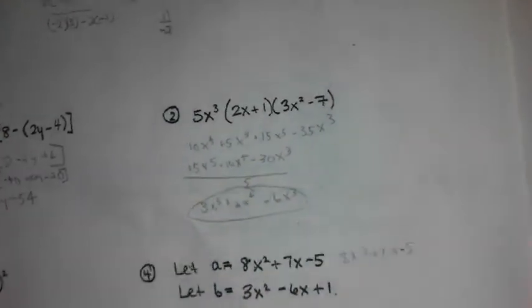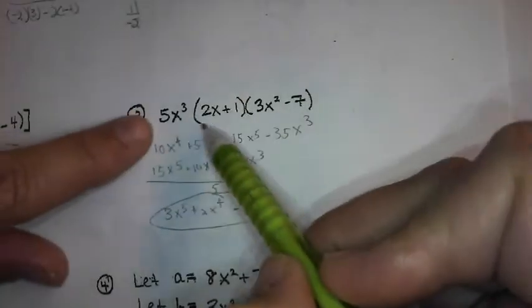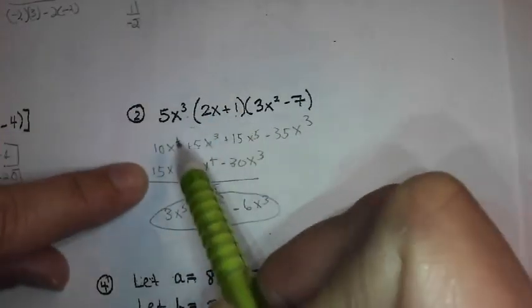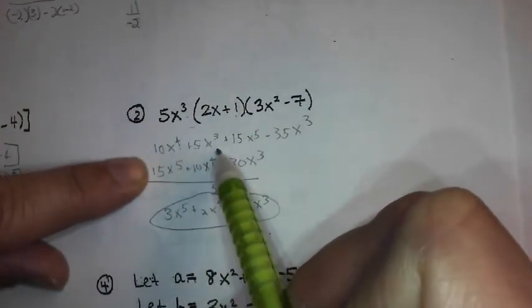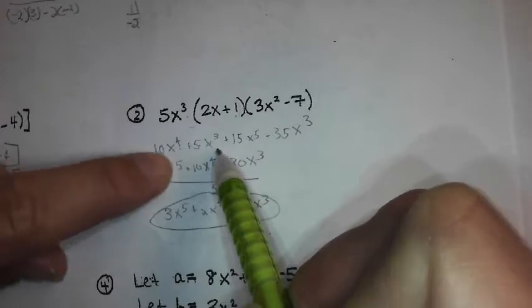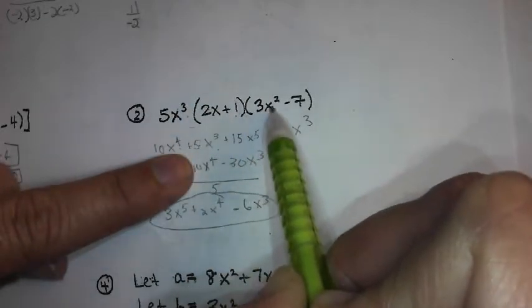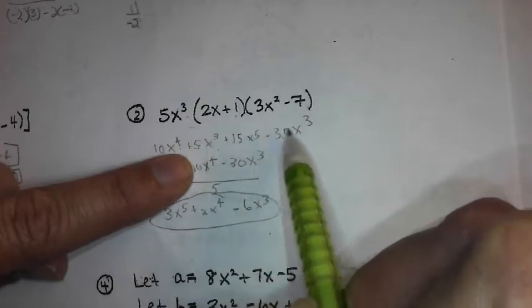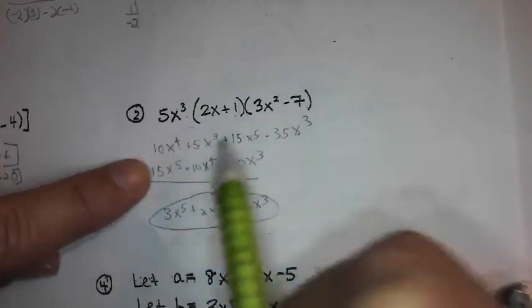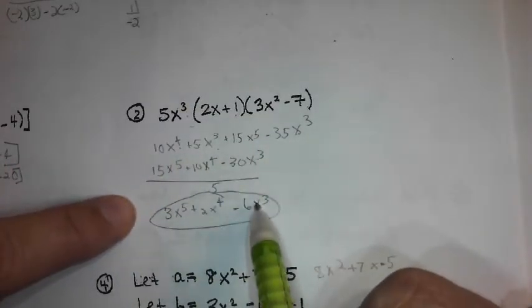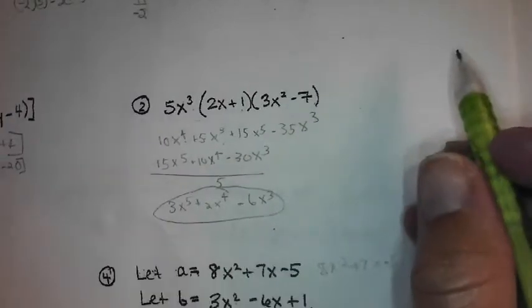This person did something totally different. They distributed their 5x cubed to this, getting that, and they distributed their 5x cubed to the other binomial as well, and then they added everything together. Okay? Let me back up with you guys for a minute.